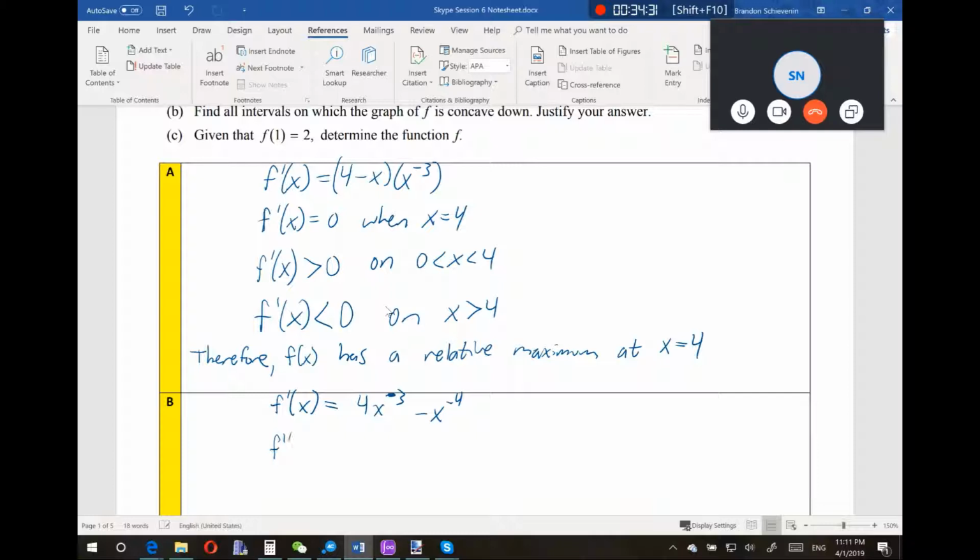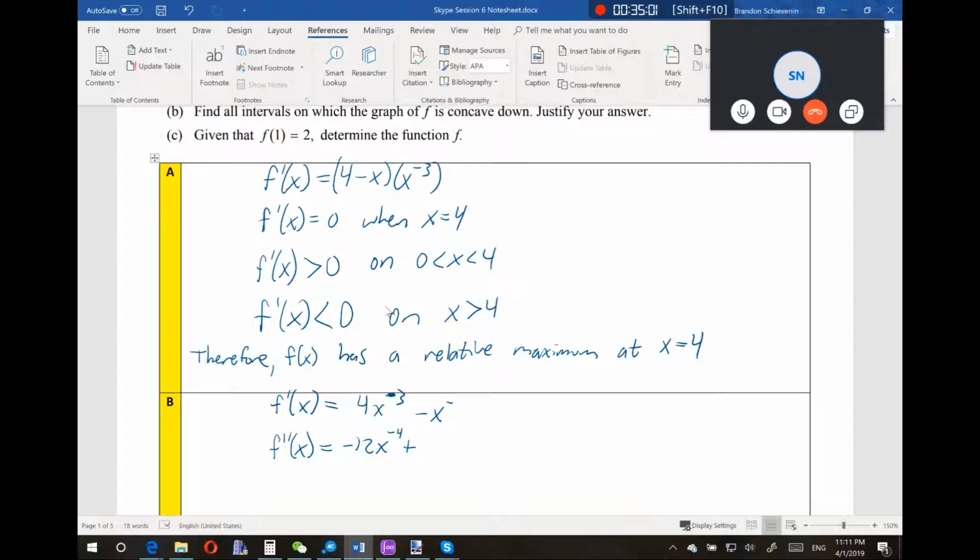So what will happen to my second derivative of f? Negative 12 times x to the negative fourth power. Okay, keep going. And positive 2x to the negative third power.